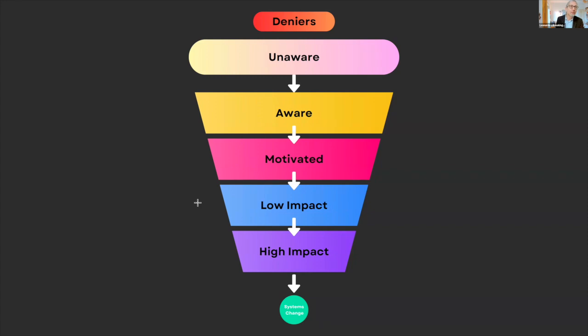I think the funnel by itself looks better vertical, but then it's a bit tricky, what you said last time, when you have the deniers at the top, like they're the king of impact.